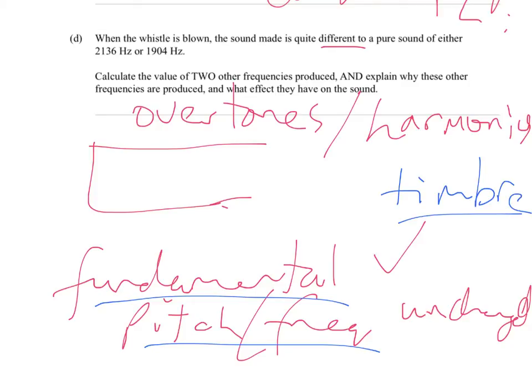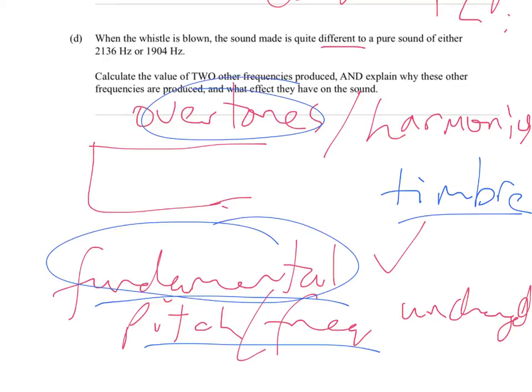So you'll have a unique sound based on the length because you're adding overtones to the fundamental. You've still got the basic wavelength of the fundamental being produced, but you've got overtones added on top of that, affecting the waveform and giving you a slightly different sound.